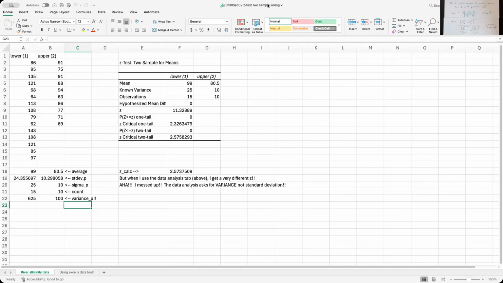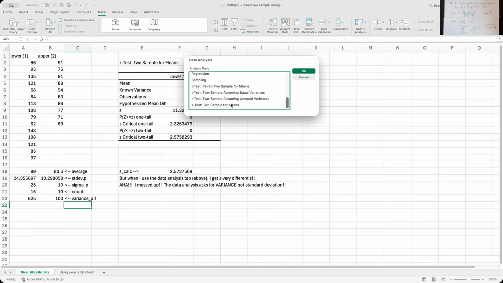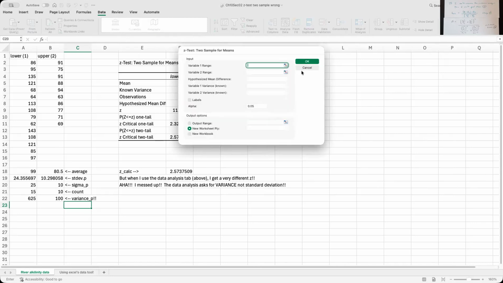When you do the data analysis test for a z-test, 2 samples for means, I typed in something wrong. It wants the range for the first set of data and the range for the second set of data and then the difference. And the next 2 lines are where I screwed up.